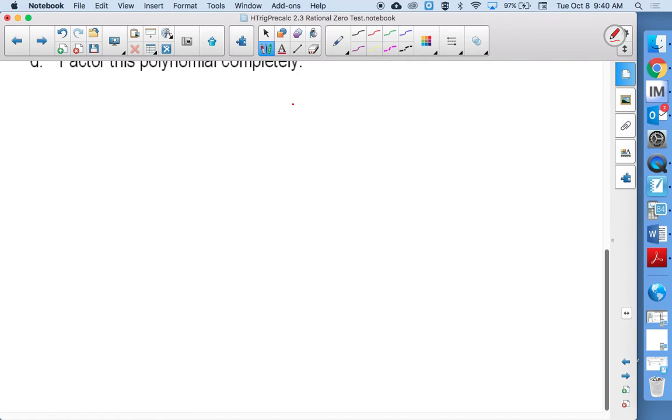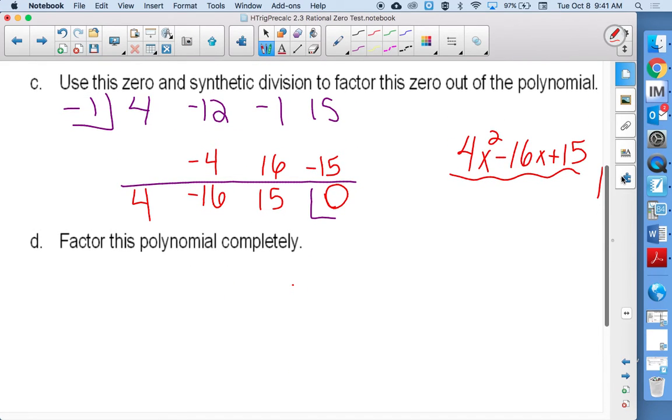The next part, the last part here, says factor this polynomial completely. So I'm going to take this remaining piece, and we're going to factor it completely. So my function I now have 4x squared minus 16x plus 15.